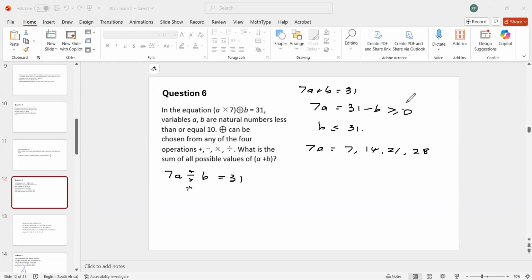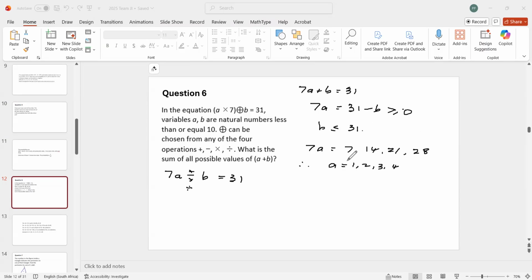So if it's 28, then B is 3. But if you go beyond that, then you're going to get a negative B, right? And therefore A is 1, 2, 3, or 4.